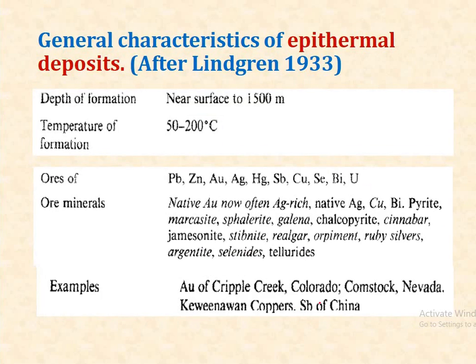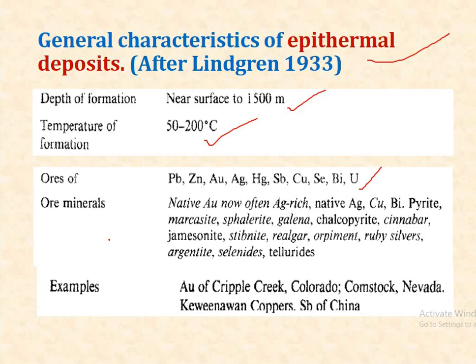Now, the general characteristics of epithermal deposits. Depth of formation is near surface to 1500 meters. Temperature of formation is low, ranging from 50 to 200 degrees Celsius. In this type of deposit, the ores of generally lead, zinc, gold, silver, mercury, antimony, copper, selenium, bismuth, and uranium, etc. are found.